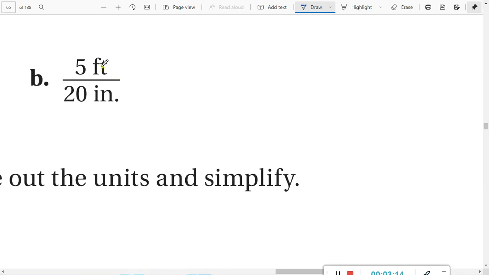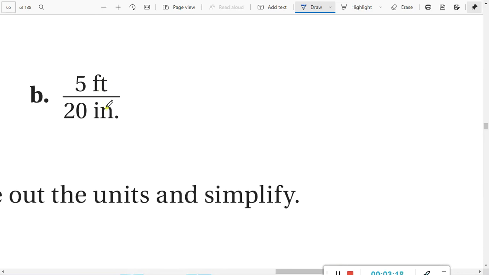Part B, the units here do not match. So you need to convert the units. We know that 1 foot is the equivalent of 12 inches. So I am going to multiply the top by 12.